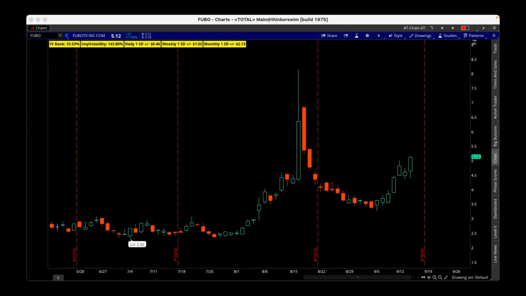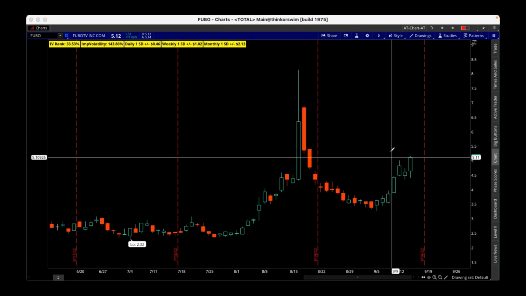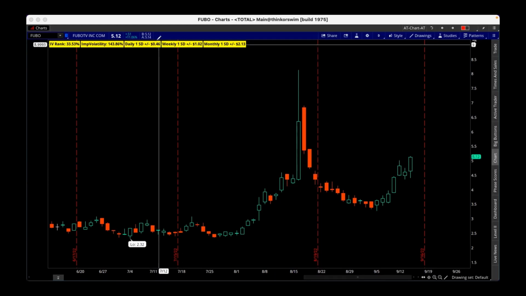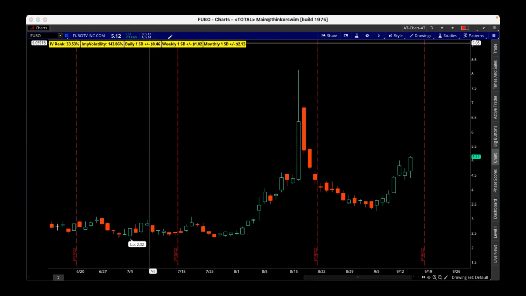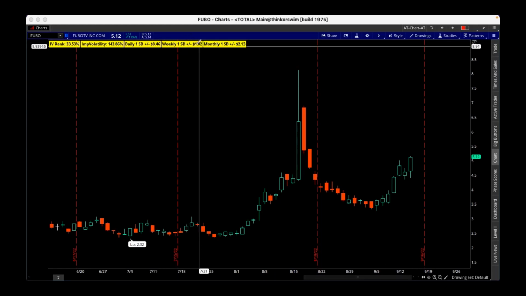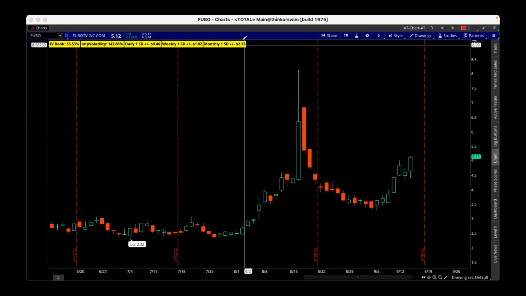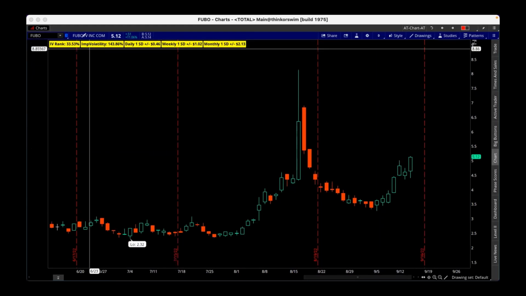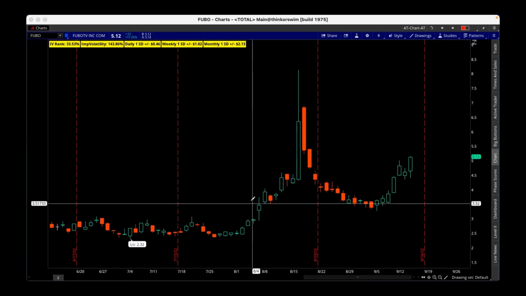So the calculation is expecting a potential 143% gain or loss in the stock over a 52-week period. They also have it out to 1 standard deviation: to gain 46 cents in a day, $1.02 in a week, and $2.13 in a month. This is just based on calculations off of these implied volatilities.